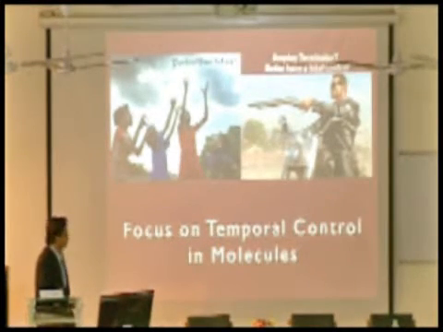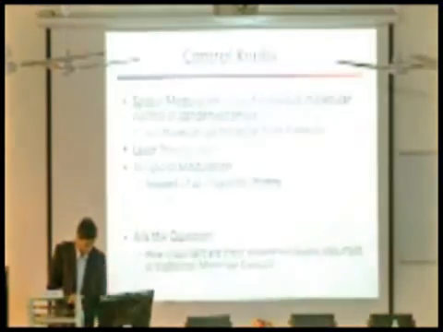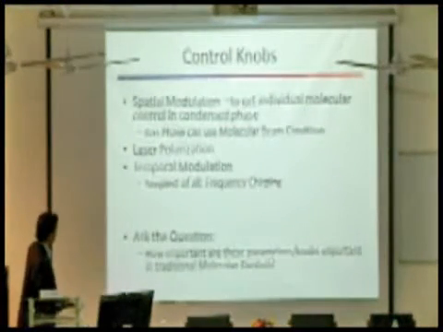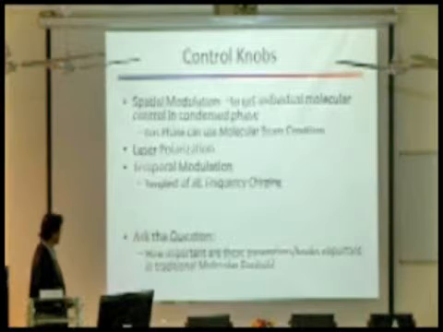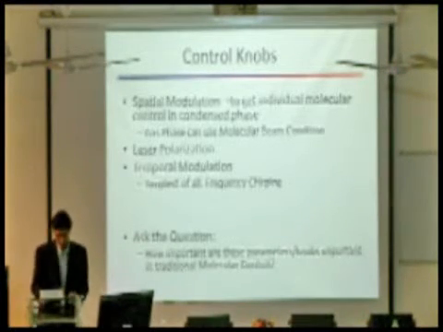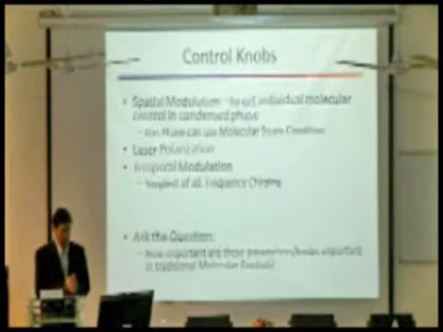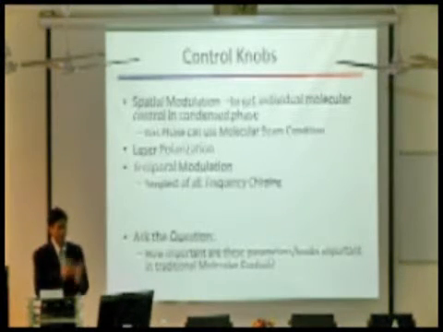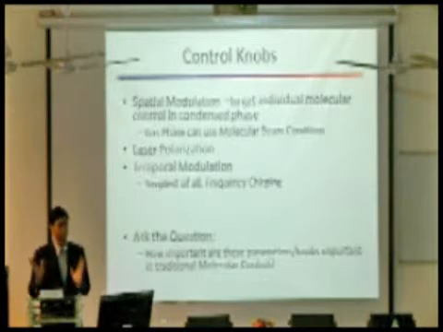That's the reason why a multi-photon process is perhaps better than a single photon process in these cases. And so what we would like to do is to use our control knobs in a much more useful manner. One of the issues which becomes important in this control world is to find control knobs which will be independent of each other.